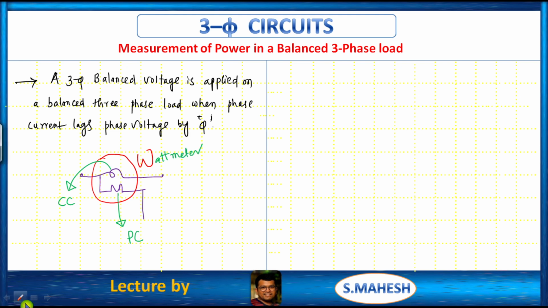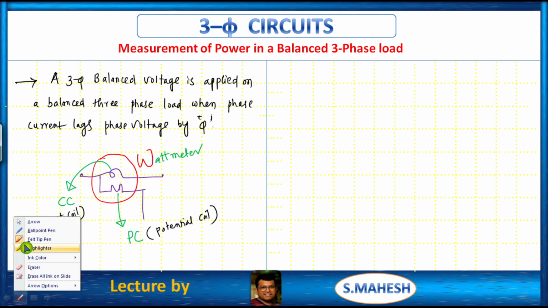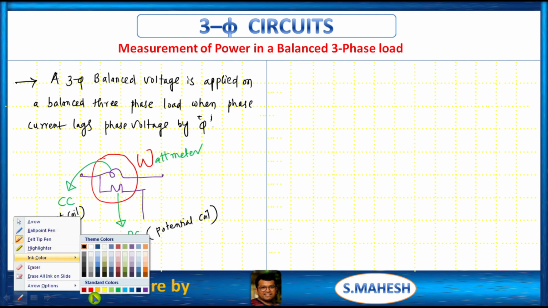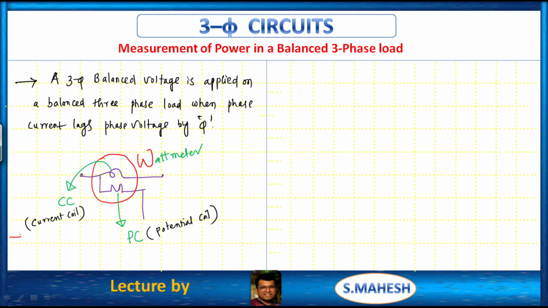Wattmeter. CC means what? Current coil. This is what? Potential coil. Where do we have to connect this current coil? Connect in series with the phases.